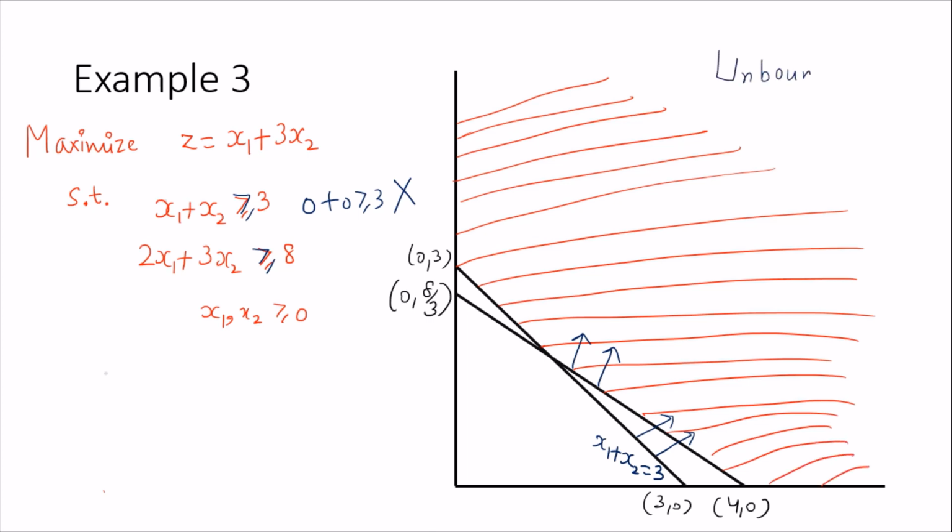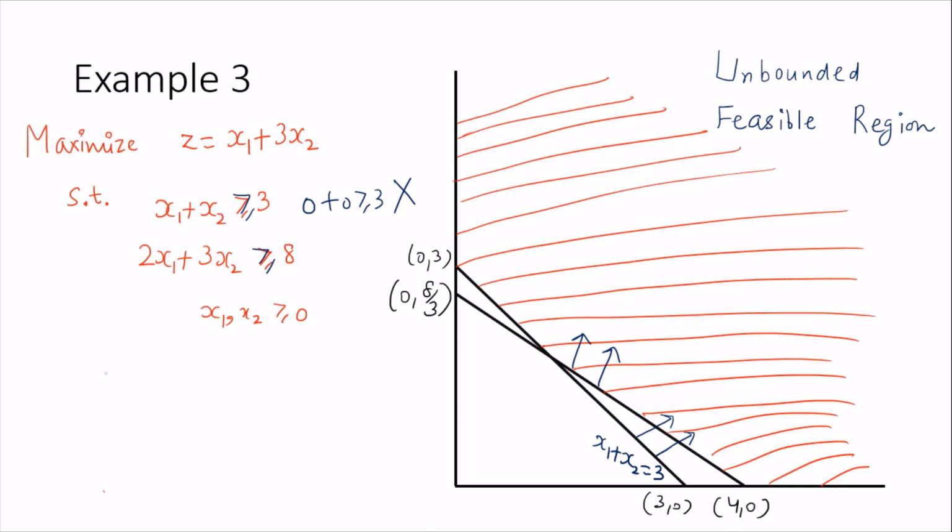So you remember we talked about the second possibility. What to do when you get an unbounded feasible region? The technique which we used for a bounded feasible region will not work here, because for a bounded feasible region it was guaranteed that the optimal solution will exist at one of the corner points, but for an unbounded feasible region we do not know whether the optimal solution is going to exist or not.